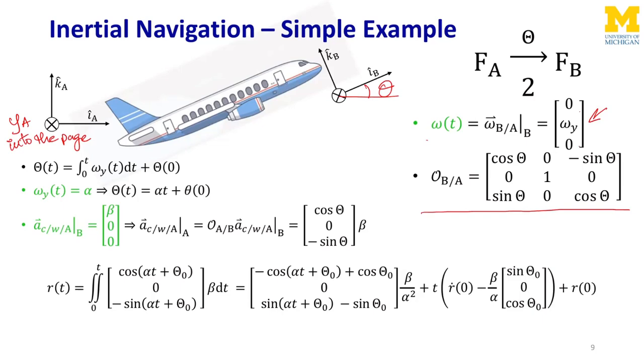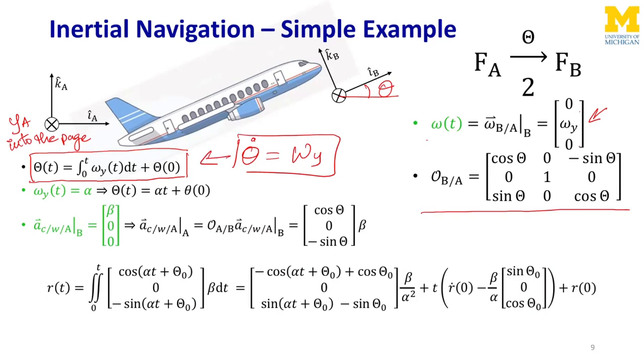So OBA is always given by this expression. So if I know what theta is, then I know what OBA is. Now theta is simply given by this expression, because since I don't have rotations about the other two axes, theta dot actually satisfies this equation. And once I have this, I integrate, I end up getting this.